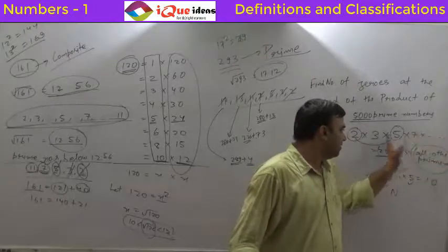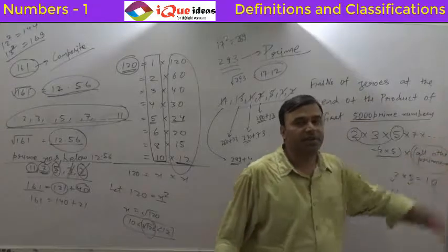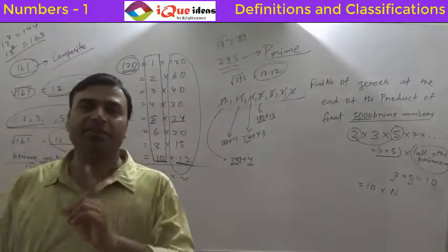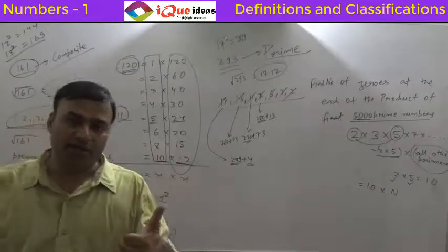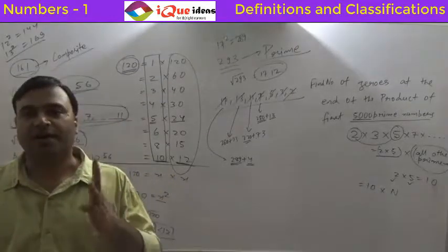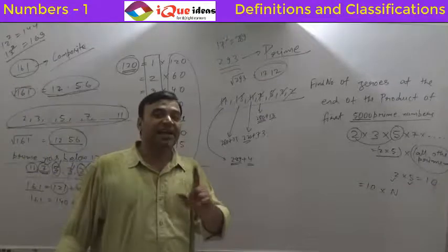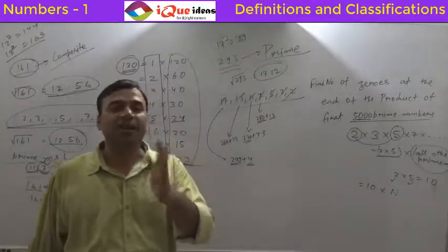Because all these will end in 3, 7, 9 or 1. Other than 2 and 5, every other prime number has to end in either 1, 3, 7 or 9. Why?